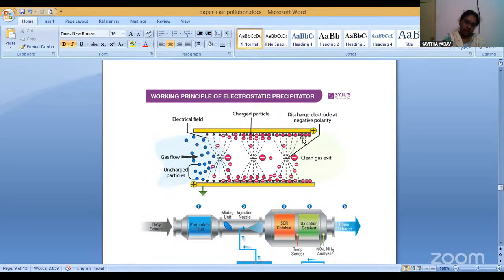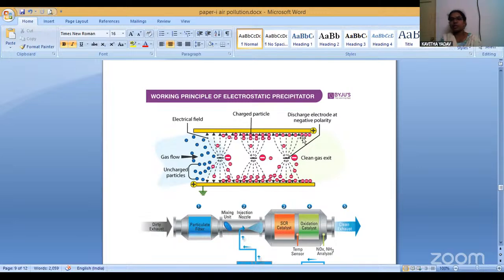The positively charged particles and the negatively charged particles, a positive charge can be attracted by a negative charge. The negative molecules dispersed from both sides attach to both sides of the walls of that particular tube.